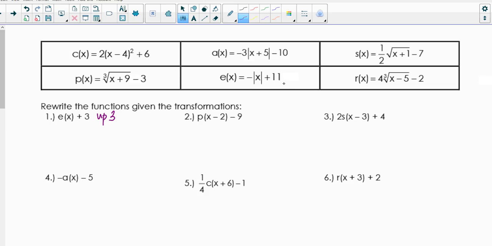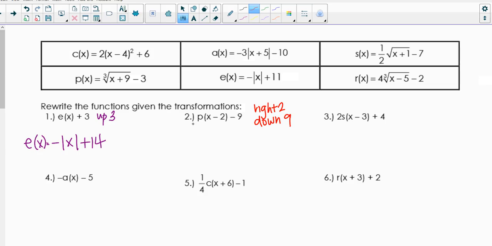So if I want to move up 3 more, then I have to have x plus 14. Sorry, I forgot that e of x part. That's kind of important to make it a function. Okay, now over here, I want to go from wherever my function p of x is, I'm going to go right 2 units, and I'm going to go down 9.